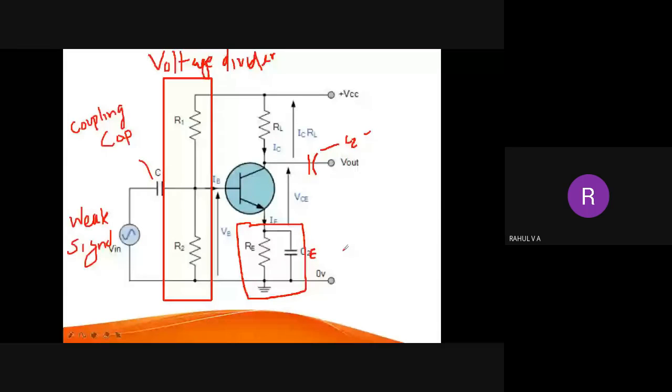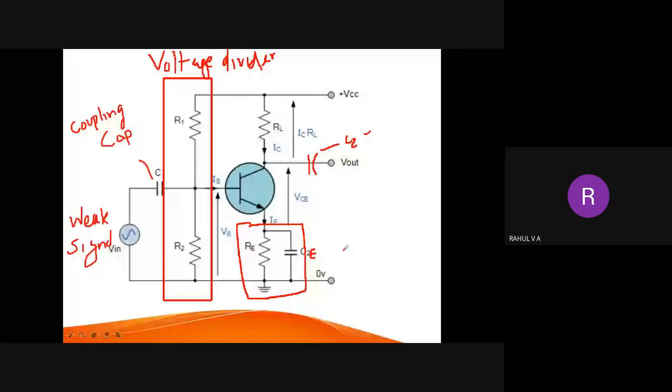And how many resistors are there? R1 and R2 together act as a voltage divider circuit. And RE is the emitter resistance. RE is connected to the emitter terminal of the transistor.